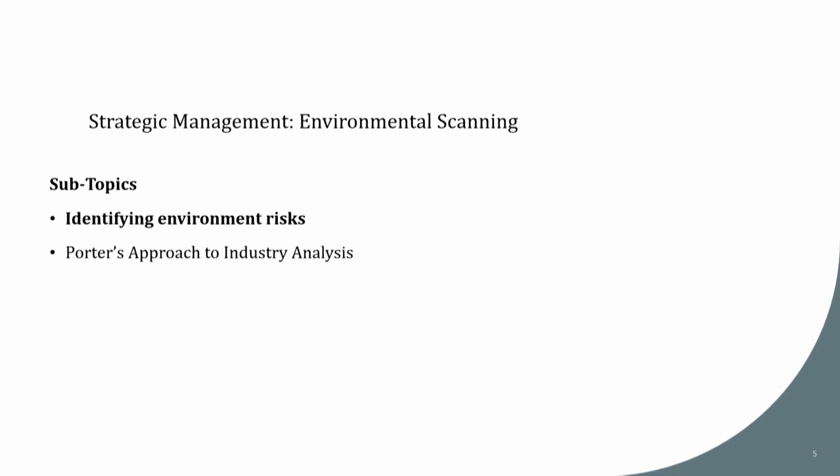Here managers identify environmental risks and opportunities, and then managers use tools like Porter's industry analysis, which help them in understanding competitive forces. Effective scanning ensures organizations stay ahead of disruptions and capitalize on emerging trends.